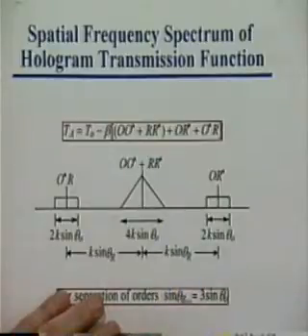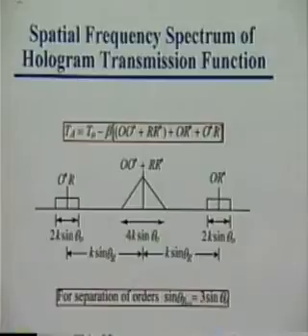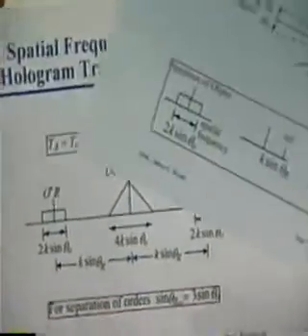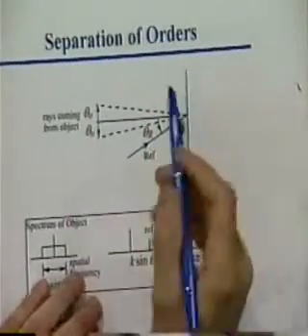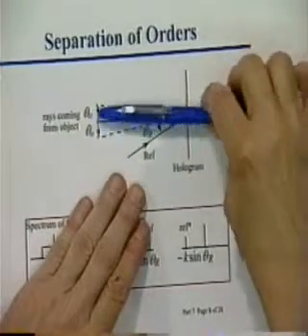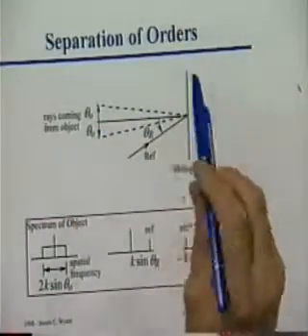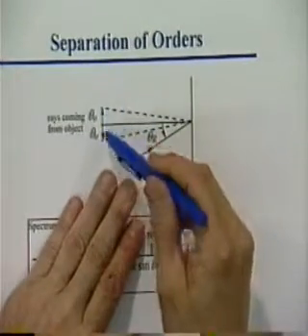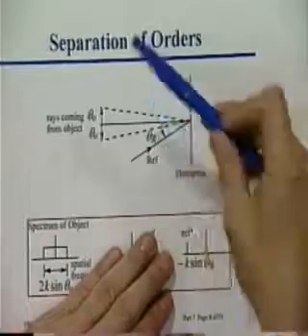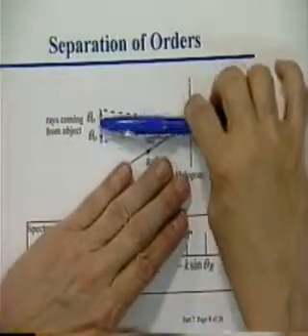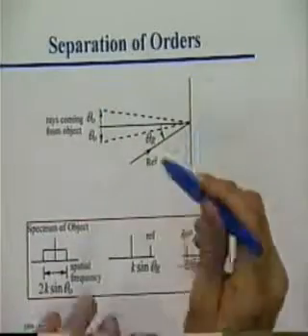Okay. Now let's think physically, why is that? If we go back here and think for a second, we have these rays coming in over some angle like this, and different points on the object will interfere with themselves. So even forget about the reference, we're still going to have these rays interfering with themselves.